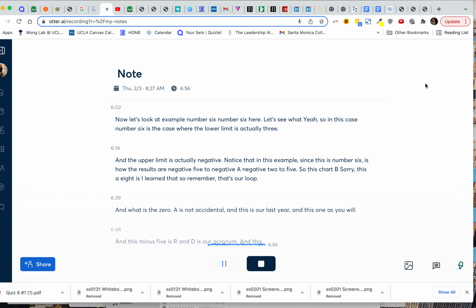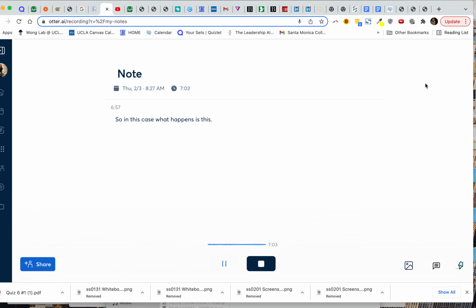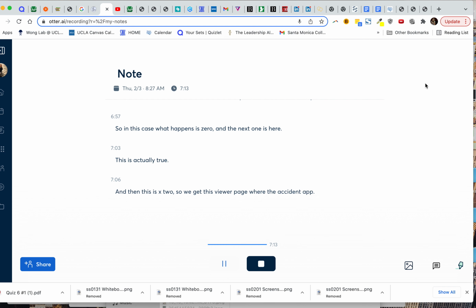And this one is actually x of n. So in this case, this is x0, and the x1 is here, and then this is x2. So we get this weird case where the x's are actually moving from right to left. And the last one over here is actually x of n.